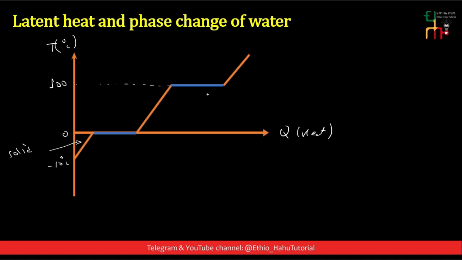Then, totally, if the liquid is converted to vapor state or steam, upon adding heat to the system, the temperature will rise from 100 degrees Celsius to a temperature above 100 degrees Celsius. Therefore, at this point we have liquid, at this point we have steam.